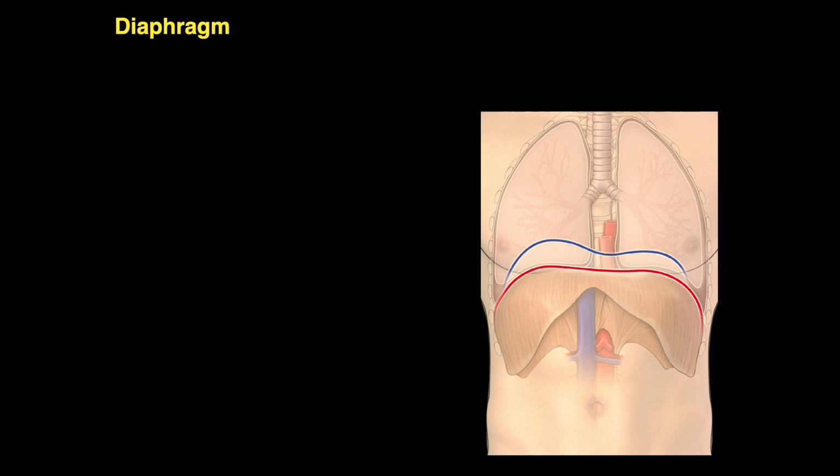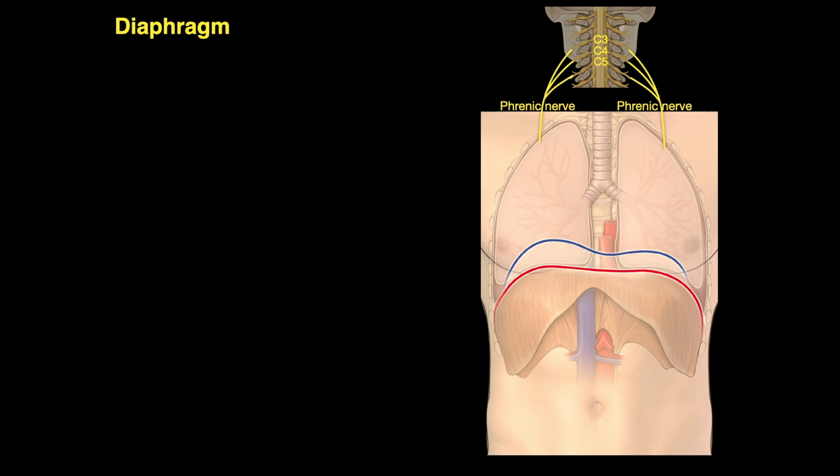Now, moving the lungs. How do we make the lungs bigger? The diaphragm muscle is what does that. At the top, you can see a posterior view of the skull and the spinal cord in the vertebral column, and the letters C3, C4, and C5 represent three important levels of the spinal cord, because coming off of each of those levels are nerves called the phrenic nerve bilaterally that are like suspenders that come down to the diaphragm.